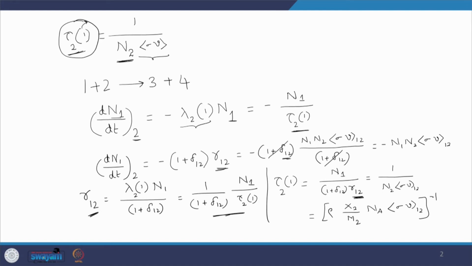So, this equation helps us to find out the mean lifetime of a nucleus type 1 when it interacts with type 2 nucleus, and this is helpful in terms of some quantities like stellar density rho, mass of second type nuclei in AMU and mass fraction of the type 2 nucleus, and Avogadro number is well known.